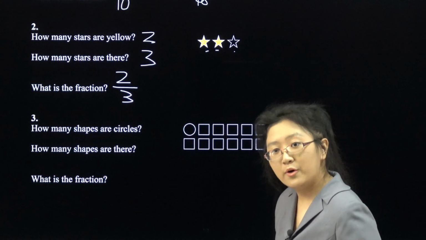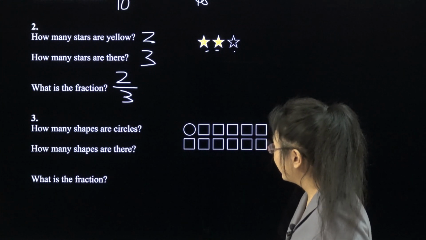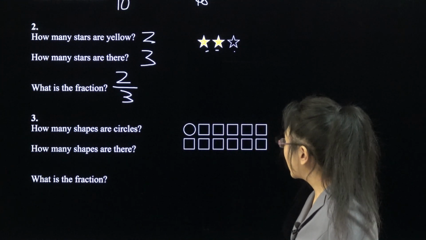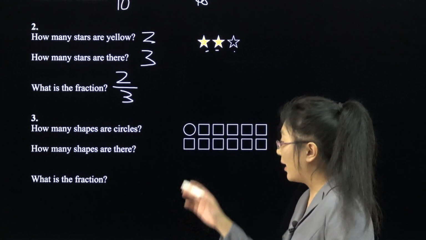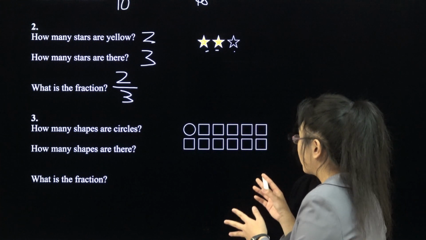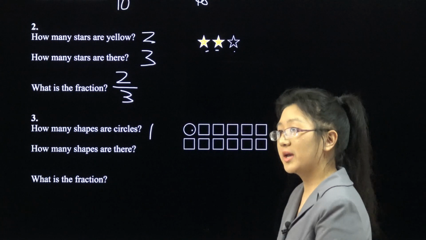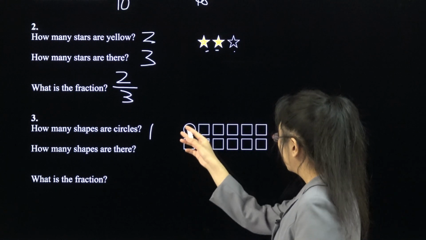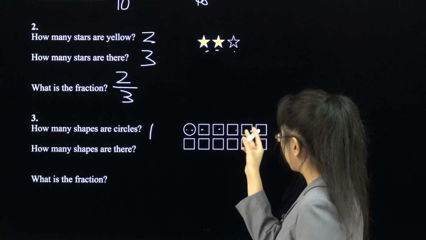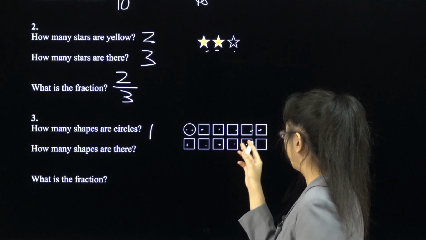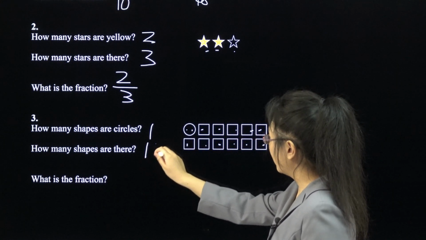And the last example of this section has circles and just shapes. So how many shapes in this group are circles? So there's one circle. And how many shapes are there in total? 1, 2, 3, 4, 5, 6, 7, 8, 9, 10, 11, 12. 12 shapes in total.